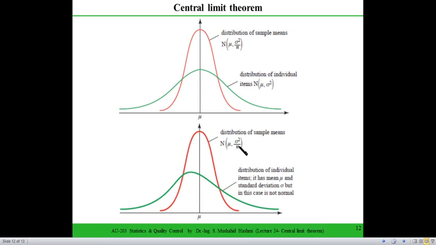But keep in mind, n must be sufficiently large, at least greater than 10, 20 or 30. For some parent distributions, even a sample size of 10 results in a normal distribution, or sometimes it can go up to 25 or 30. But most of the time, when your sample size is 30, your sample mean distribution is a normal distribution, irrespective of your parent distribution.